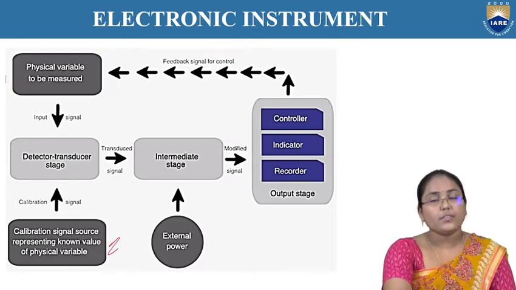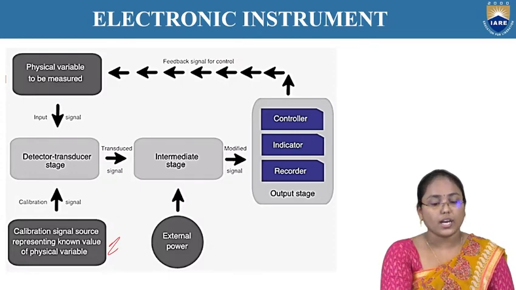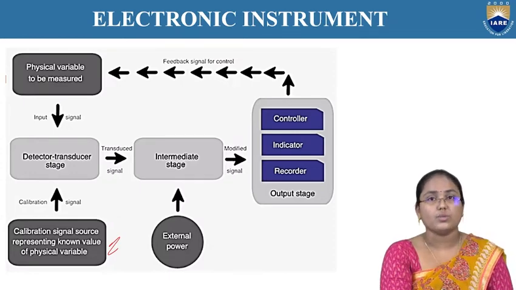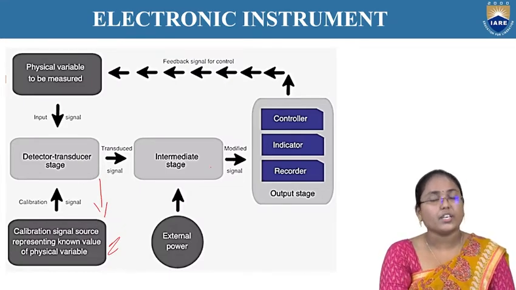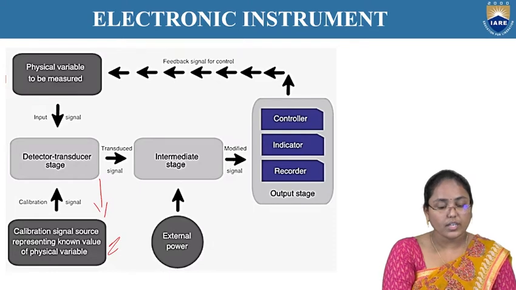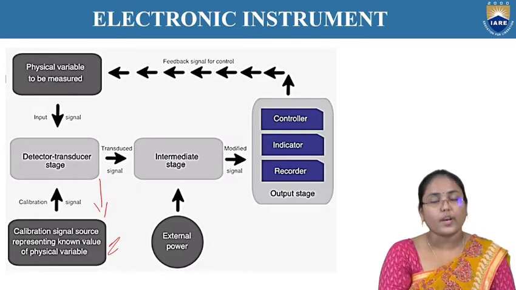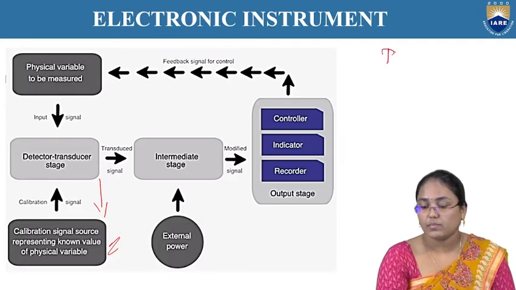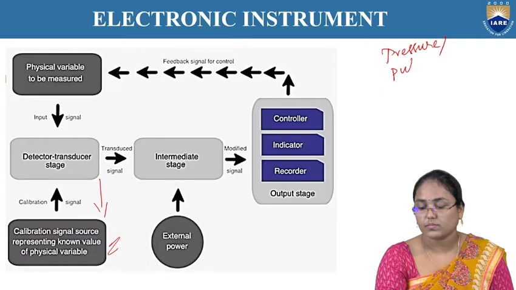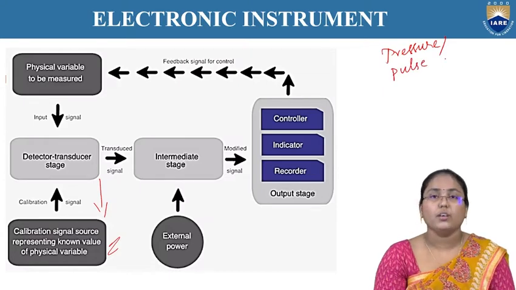So now this physical variable that is to be measured is converted with the help of a transducer, and it is further given to the intermediate stage. Here the calibration signal source represents a known value of the physical variable. For example, we are taking pressure or pulse as an input to the transducer.